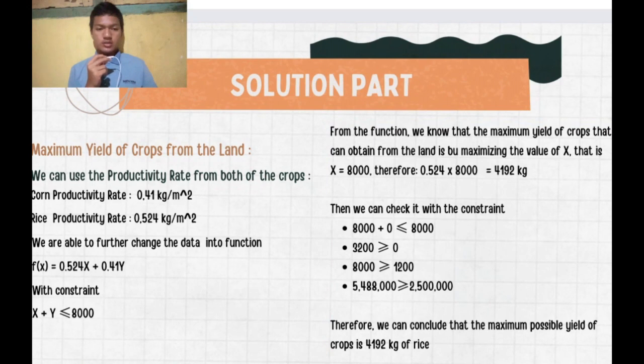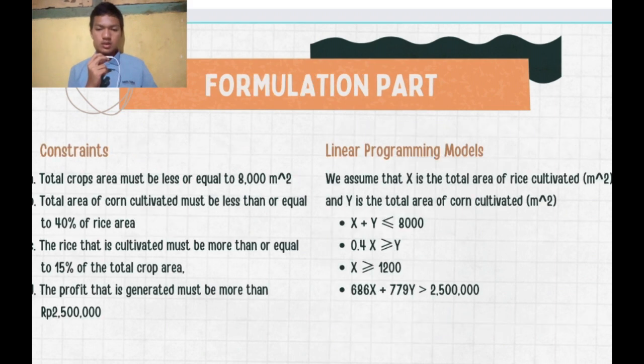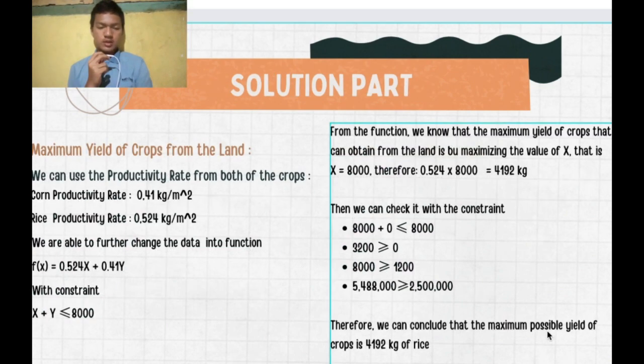Okay, so the next one is to count the maximum yield of crops from the land. Previously, we already know the productivity rate of both crops, and now we are able to change the data into a function. This function has constraints, with x as the total area of rice cultivated, y as the total area of corn cultivated, and 8,000 as the maximum area.